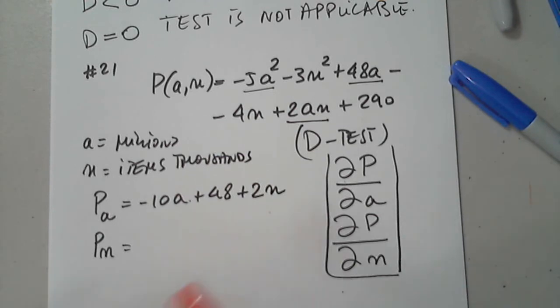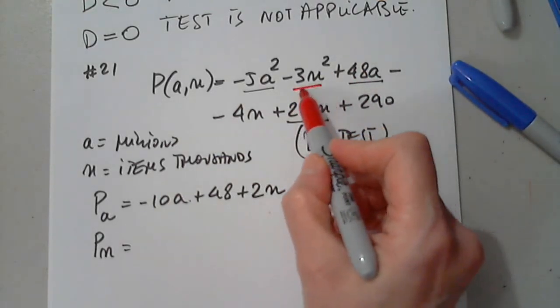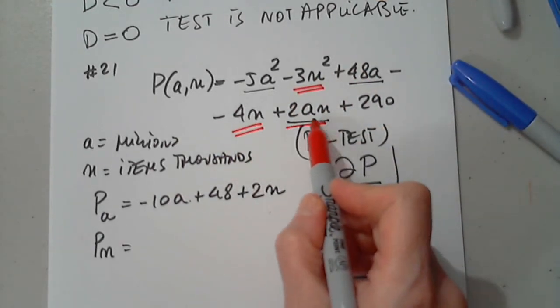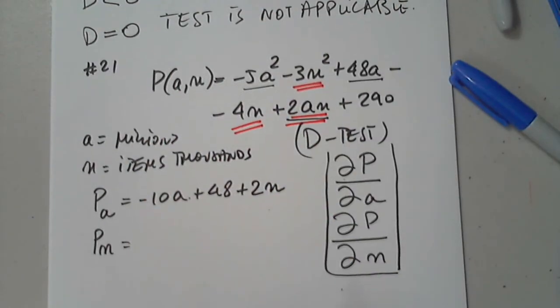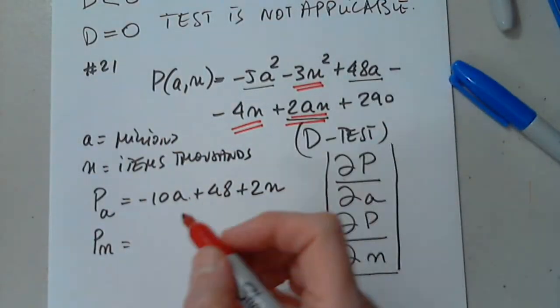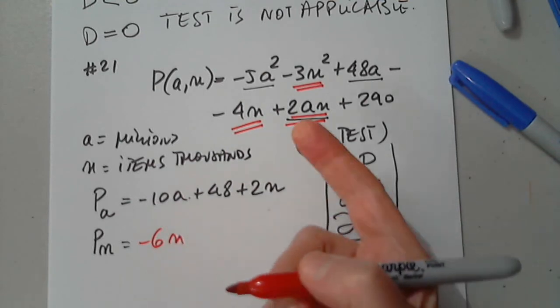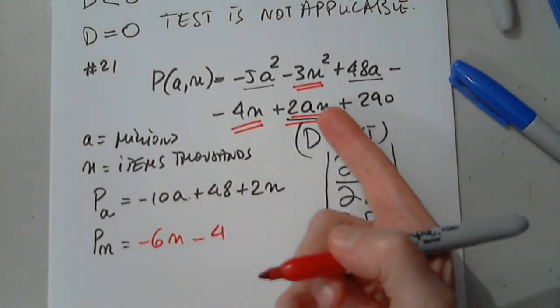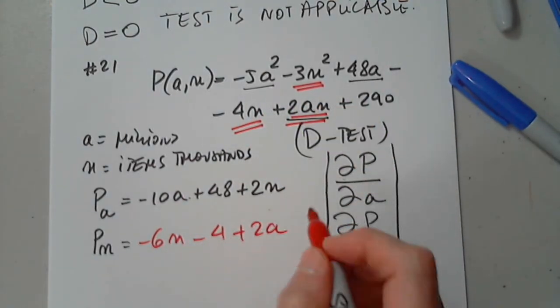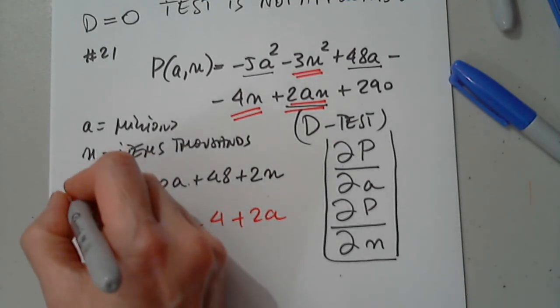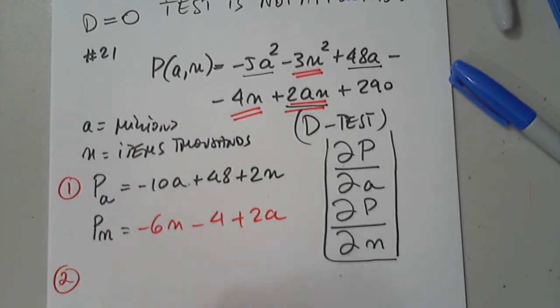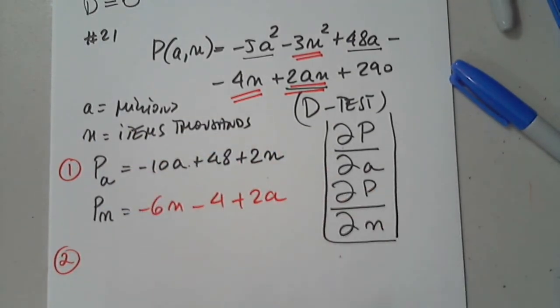Now with respect to N, this, and this. Everything else is gone. I differentiate this with respect to N, I differentiate this with respect to N, and I differentiate this with respect to N. So this is my step 1. In my step 2, I have to set these two equal to 0.